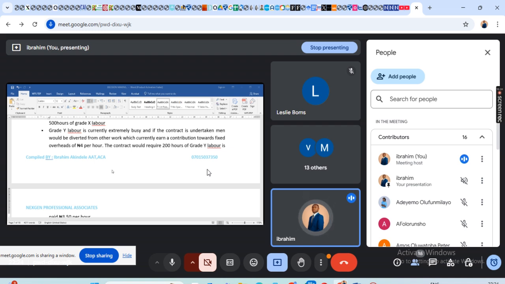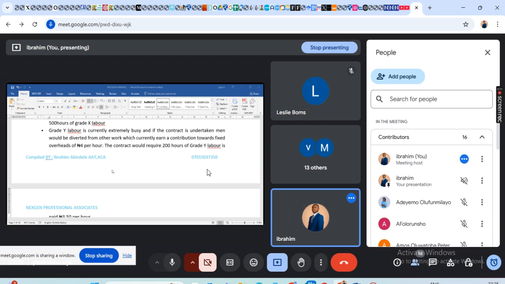Afolorunsho is currently busy working, and they need to move him to the other department so he can add his input there. Definitely, his department will lose something. That is contribution, because he has been contributing before they move him to the other department.